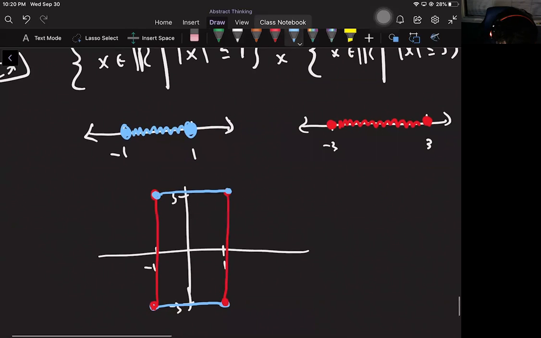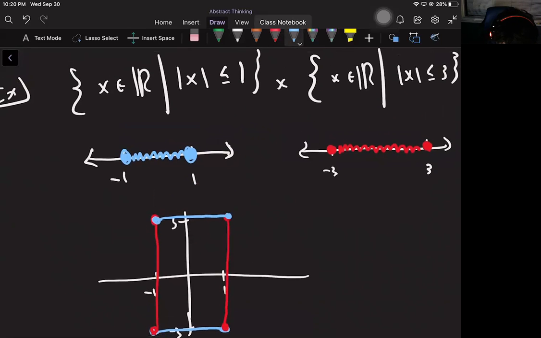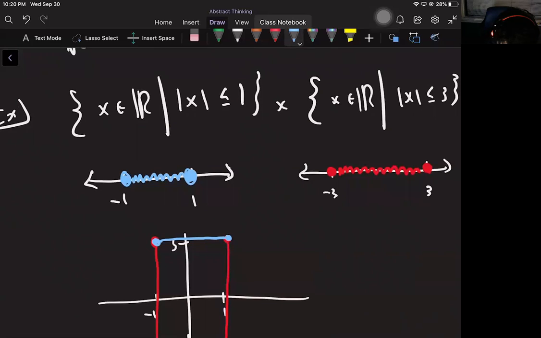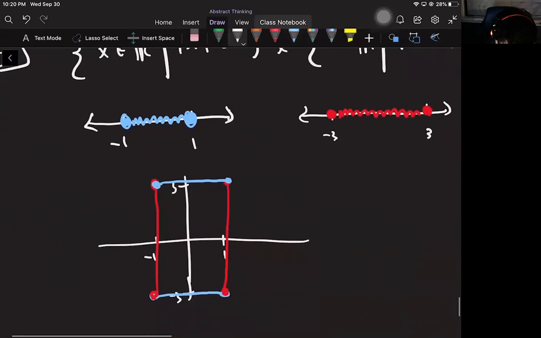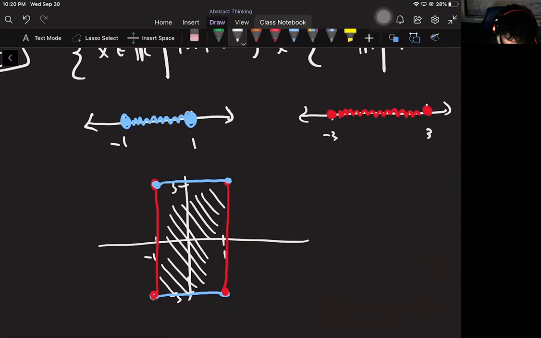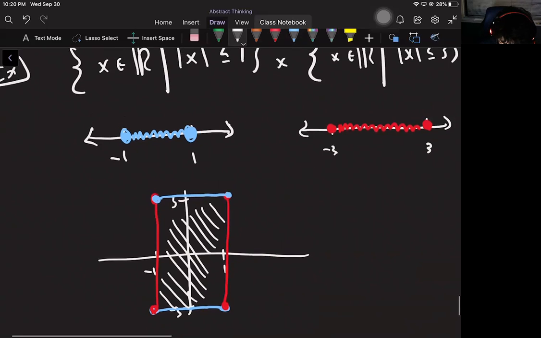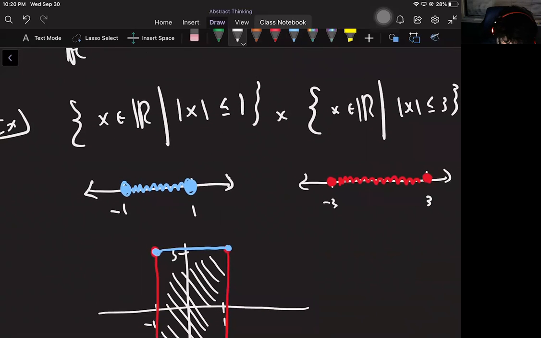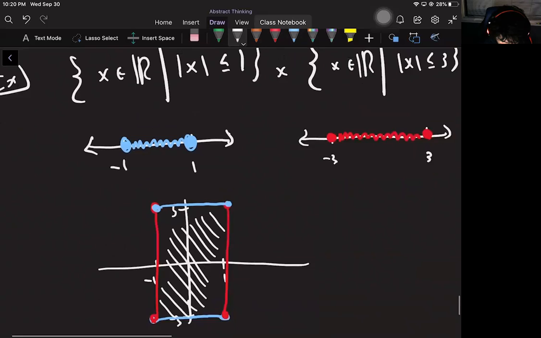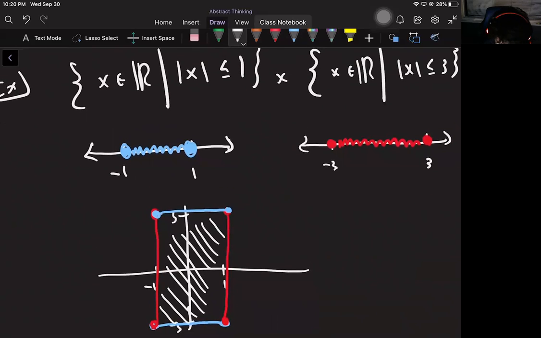And then it's filled in because these are less than or equal to symbols. If you change those to equals, it's just going to be the borders. And you get different things if you change it to greater than and stuff like that.